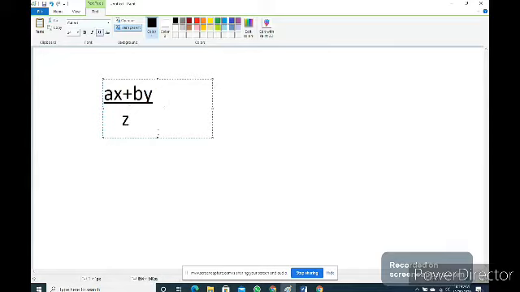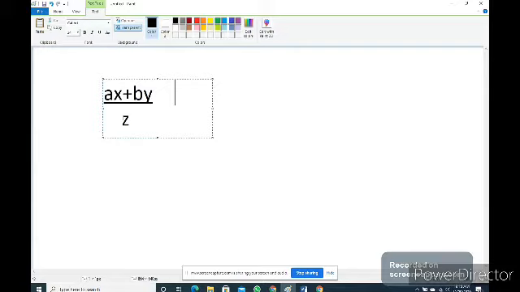Suppose we are given this, it is known as an algebraic expression where x, y, and z are the variables. The variable should not be placed in the denominator, the main rule. It can be in the form of a square root, something, something. But we should not place the variable in the denominator.